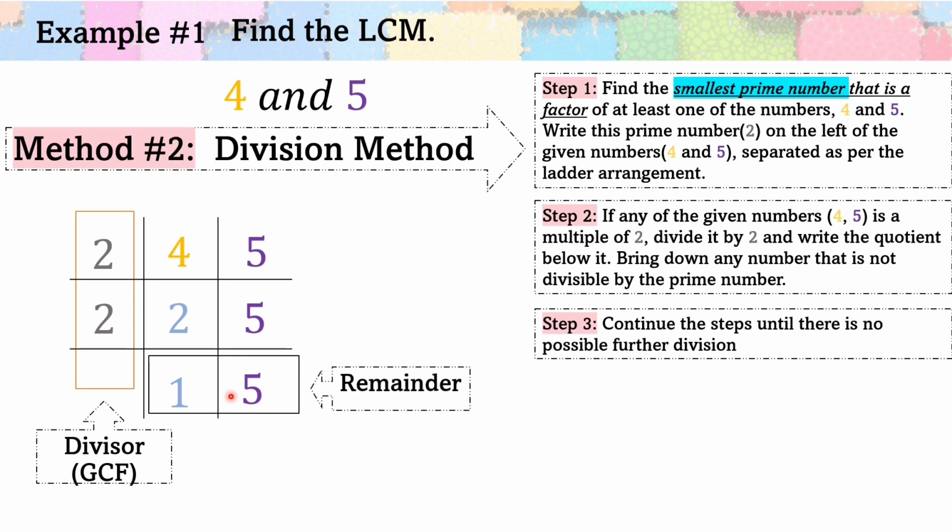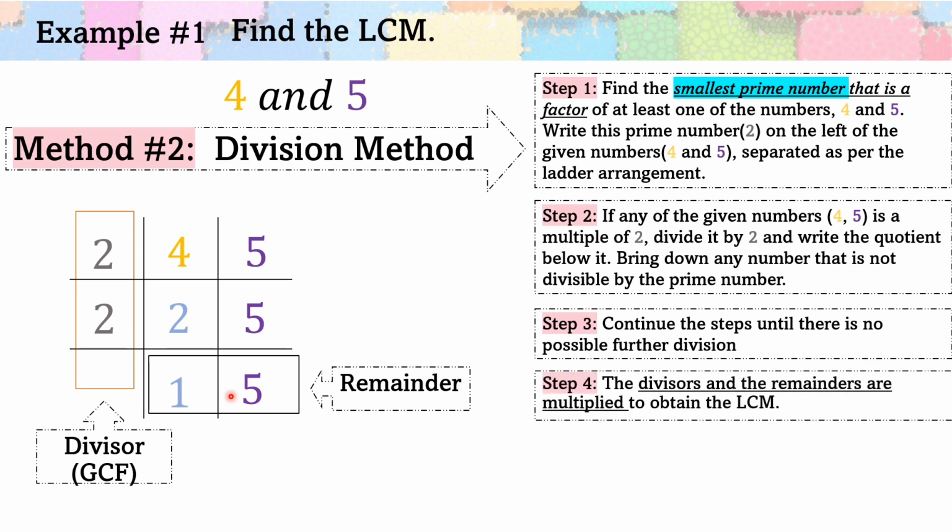Let's go to step 4. The divisors and the remainders are multiplied to obtain the LCM. There's 1 as a remainder, so you need not use that one, because any number multiplied by 1 is the number itself. Therefore the LCM is 2 times 2 times 5, which is equal to 20.